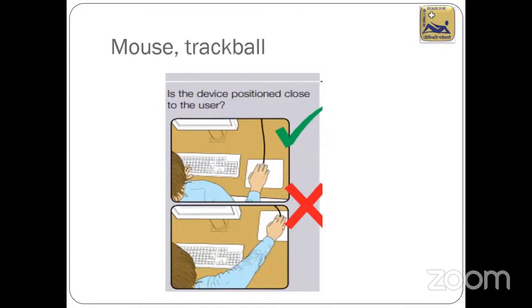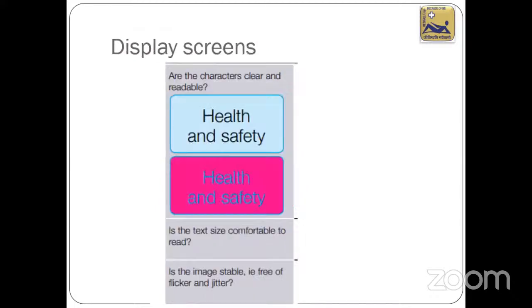Next comes your use of the mouse. The ideal position of the mouse is where you can reach it easily, and the mouse should not be kept a little away from the reach of your hand. Next slide. Even the display of the screen matters. Whether the font size is easily readable and clear, the text size also matters.